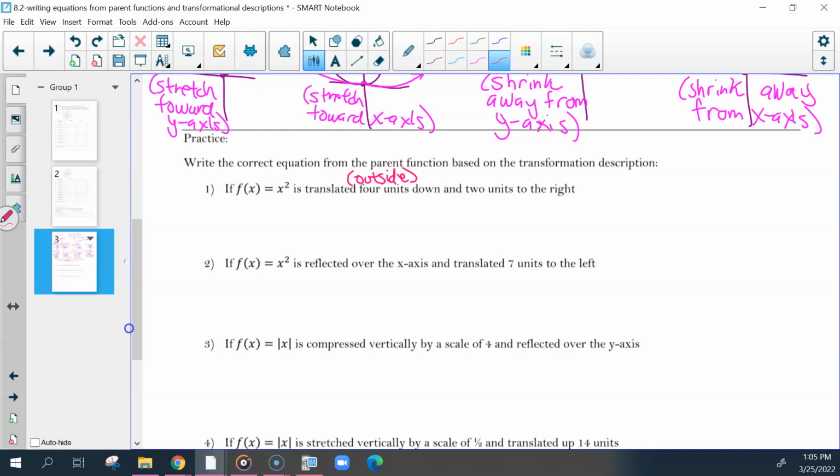Yeah, so that would be a -4. Then we know we're going to be doing 2 units to the right. Would that be horizontal or vertical? Horizontal, so that means that would be on the inside.